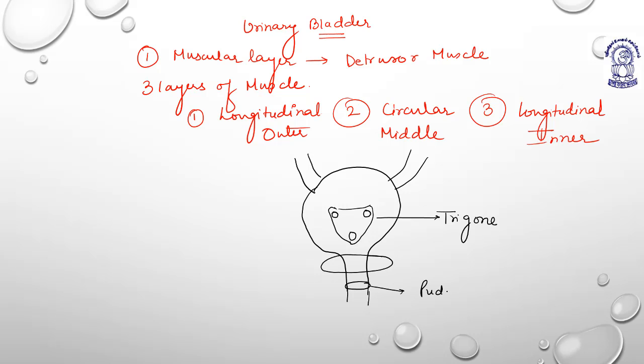Pudendal nerve. It acts on the external sphincter.